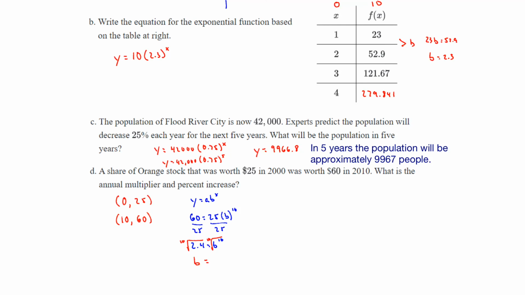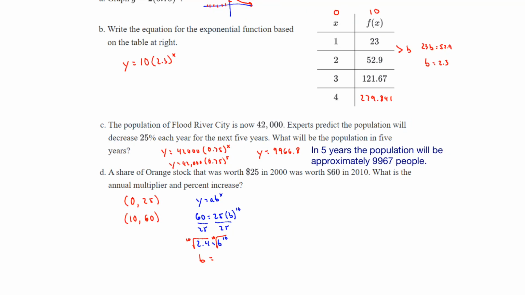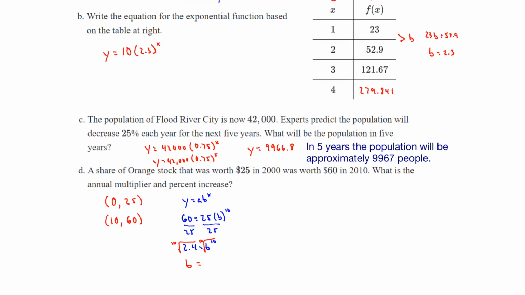So on your calculator, if you're using a graphing calculator or Texas Instruments, you should be able to go to math, and it will be number 5. But before you press that, you need to press the 10, so that you're going to say the 10th root, and then you can plug in 2.4, and that will give us b as approximately 1.09.